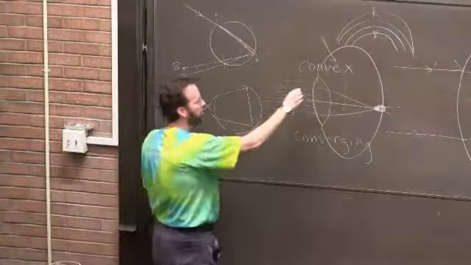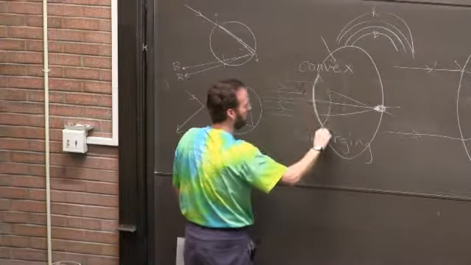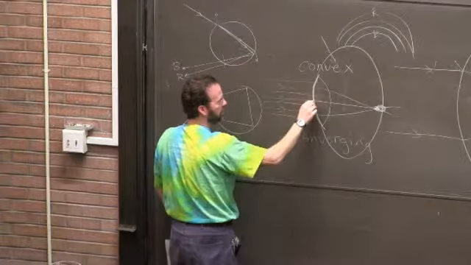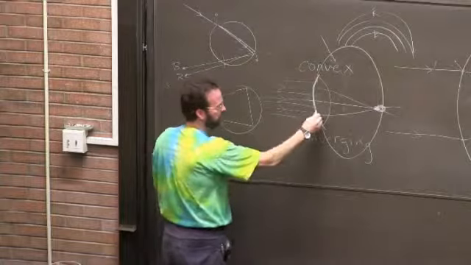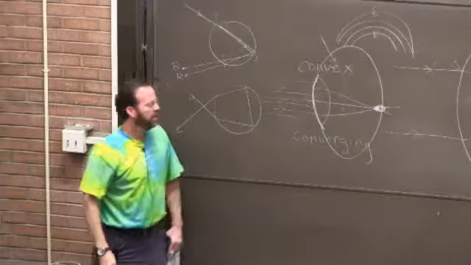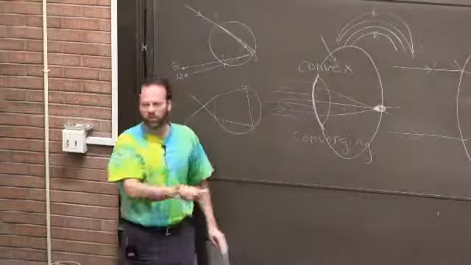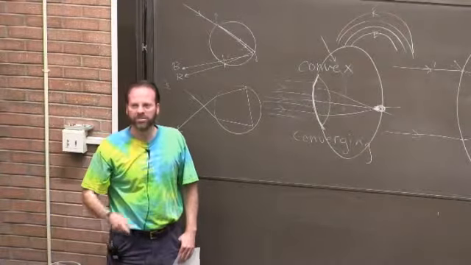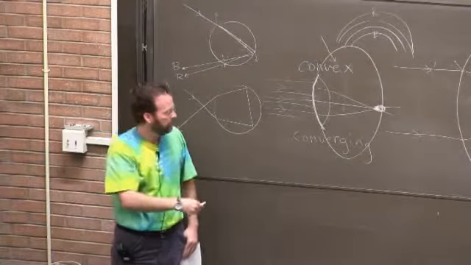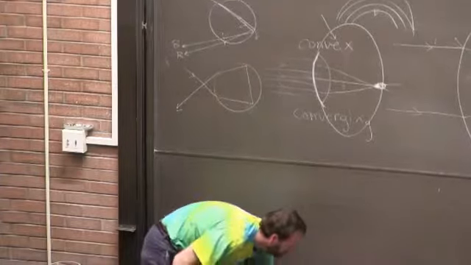Well, if this isn't curved just right, maybe it's a little flatter here than it is over here, or it's more round there than it's supposed to be, then light rays that come in at different points have slightly different focal points. It might look something like this.